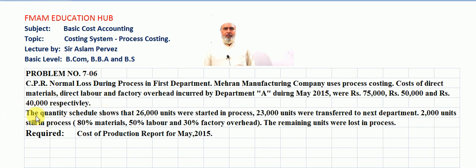The quantity schedule shows that 26,000 units were started in process, 23,000 units were transferred to next department, 2,000 units still in process. The degree of completion is 80% material, 50% labor and 30% factory overhead. The remaining units were lost in process.